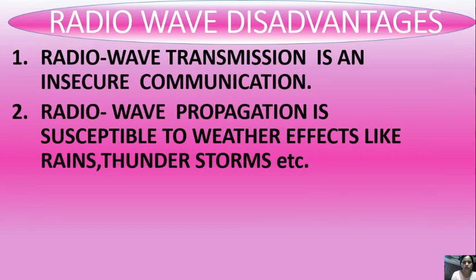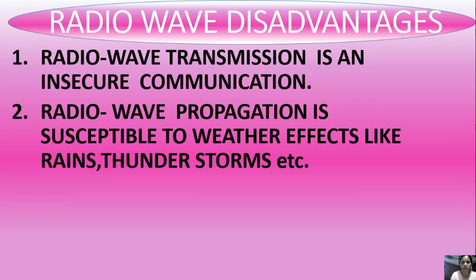Now some disadvantages of radio waves. First, radio wave transmission is an insecure communication. As we have seen, radio wave is omnidirectional, and this is wireless transmission, unguided media. So this is insecure communication.